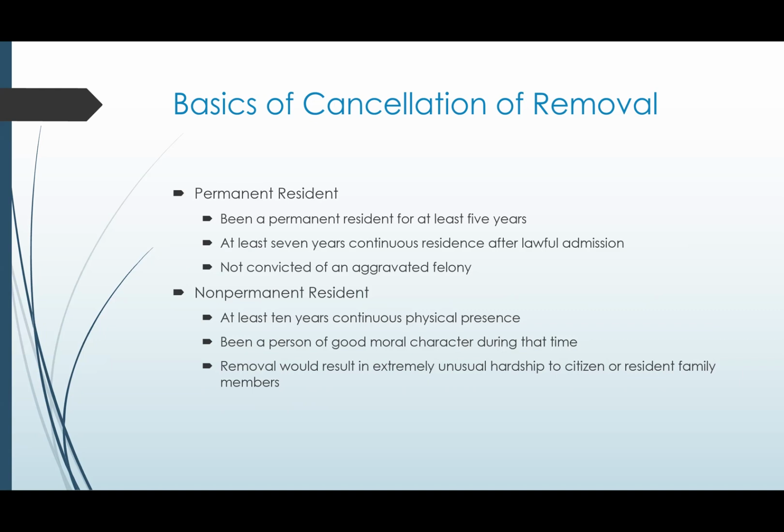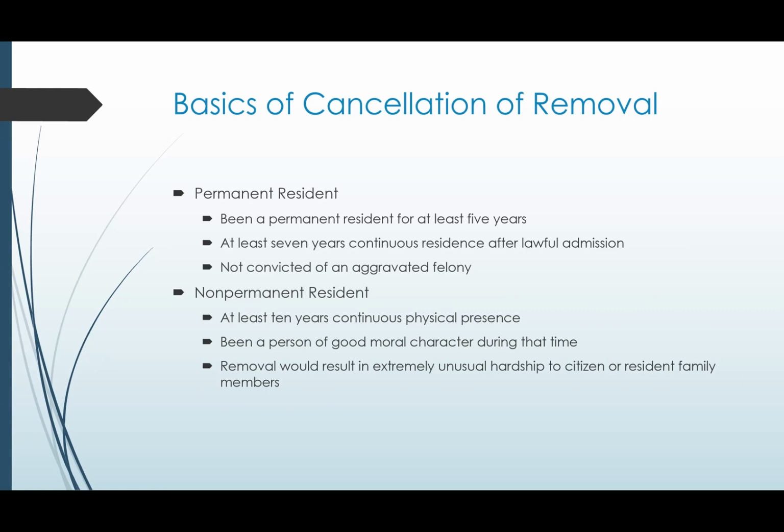Again, I'm not going to get into the law about what a lawful admission means, but after they've been lawfully admitted to the US, they have to have at least 7 years where they were continuously residing in the United States. And they cannot have been convicted of an aggravated felony, which is a group of crimes that are considered particularly bad.